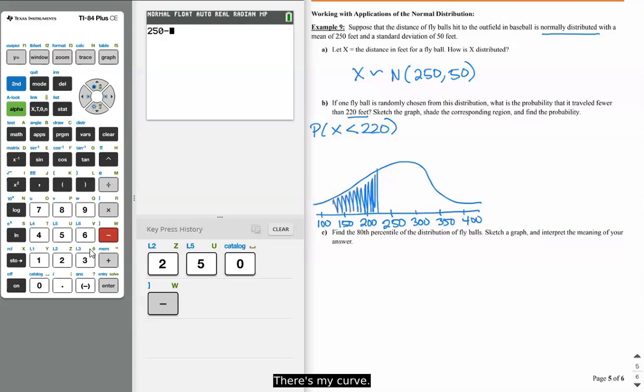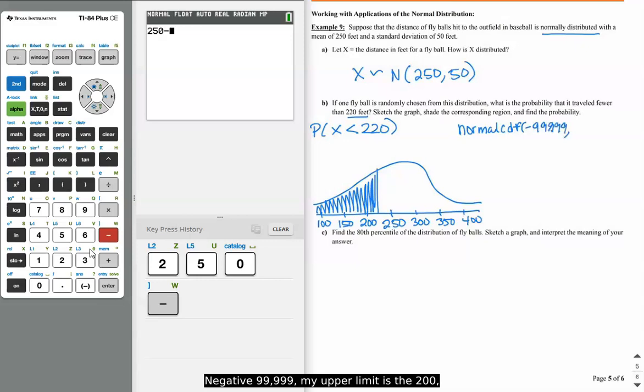So there's my curve. Since we're trying to find the probability, we don't really need to find the z-score since our calculator can do that with technology. We can use our normal CDF. The lower limit is going to be negative infinity, so negative 99,999.